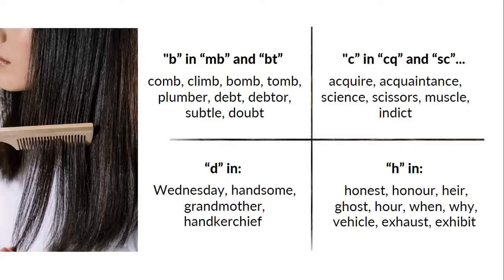The H is silent. Letter H is silent in these words: honest, honor, heir, hour, ghost, when, why, vehicle. So the word is not ve-hicle, it's vehicle, exhaust, and exhibit. The H is silent in these words.